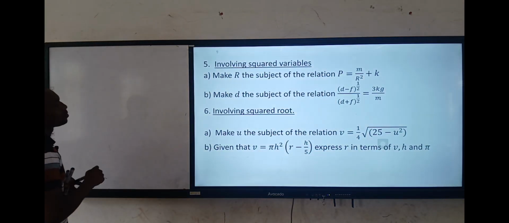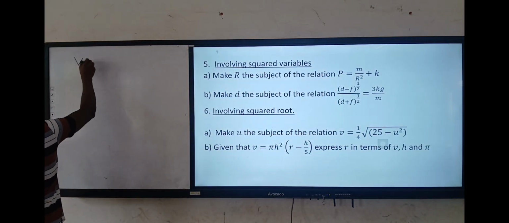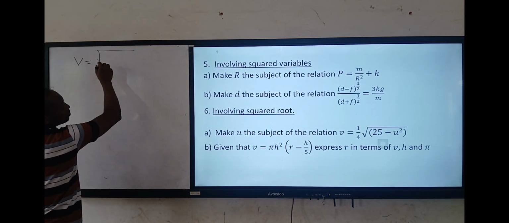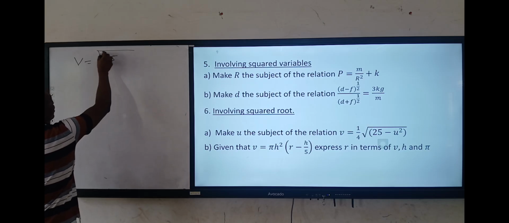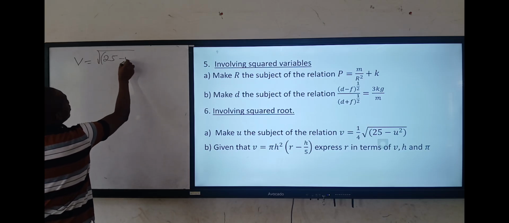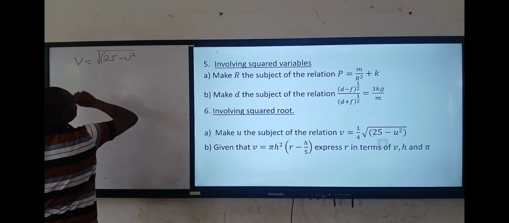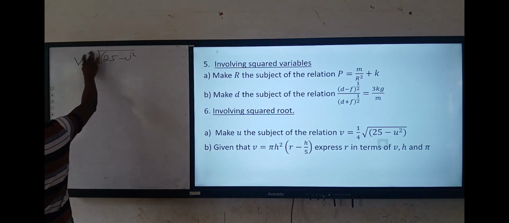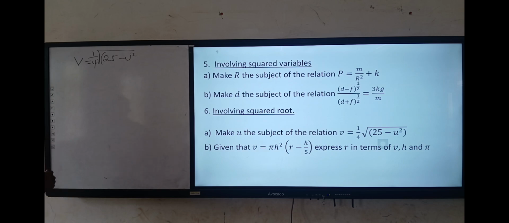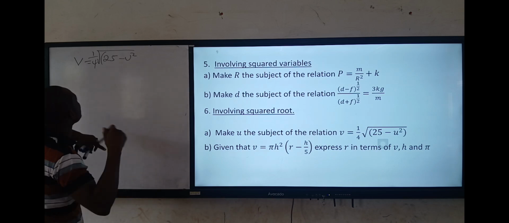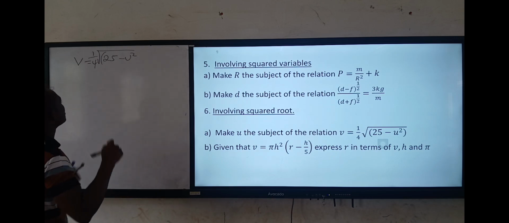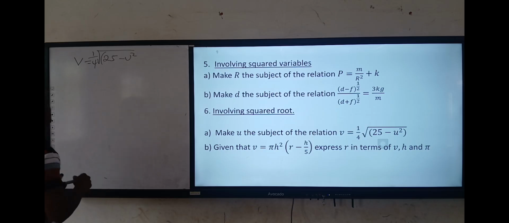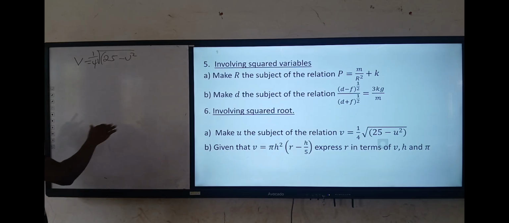So the A says that v is equal to 1/4 square root of 25 minus u squared. So now, since we want the u here, which is in the square root, we have to take square on both sides.